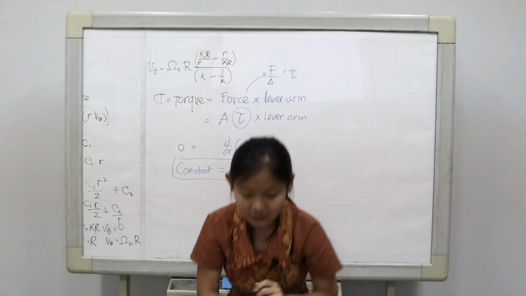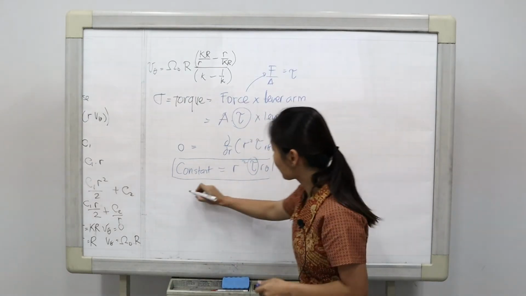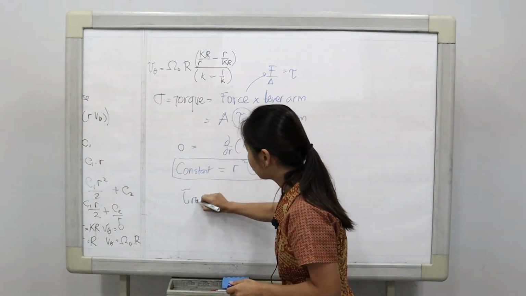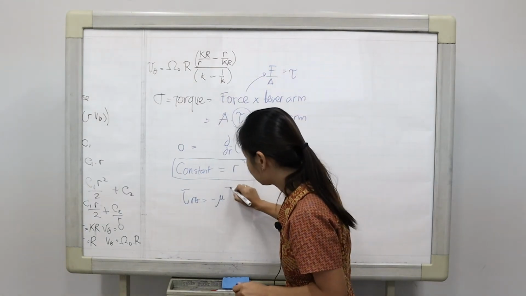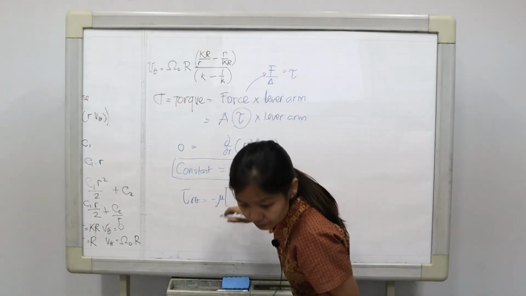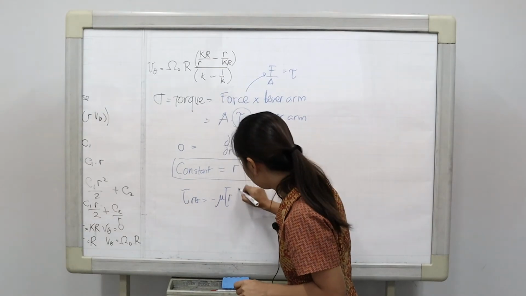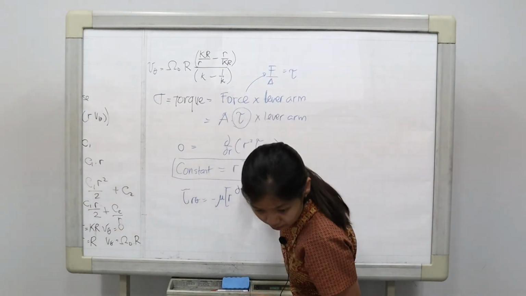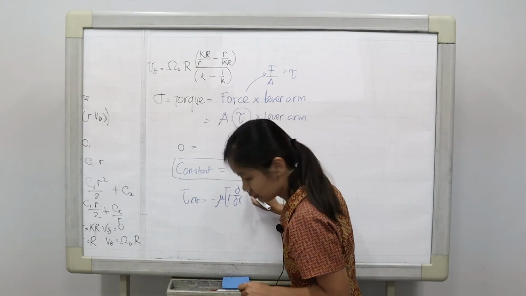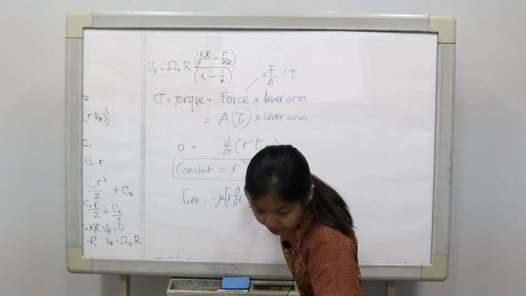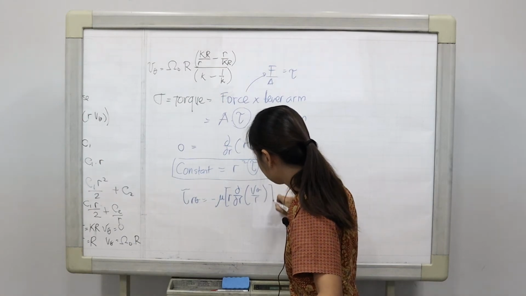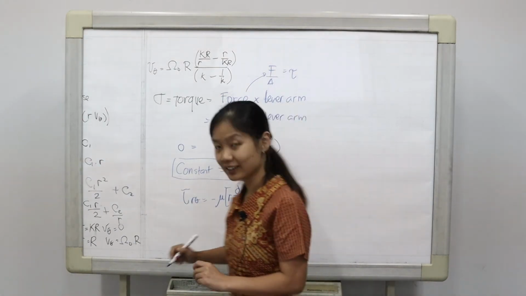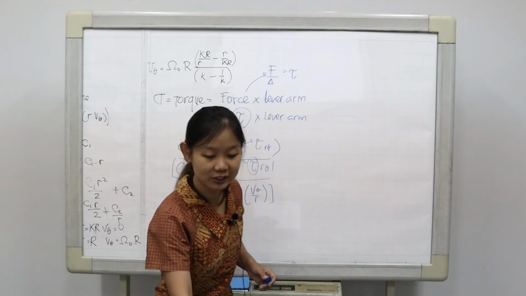So that gave us tau r theta is minus mu r dou over dou r of phi theta over r. Now let's go back to the whiteboard.